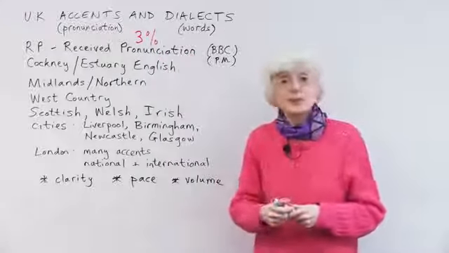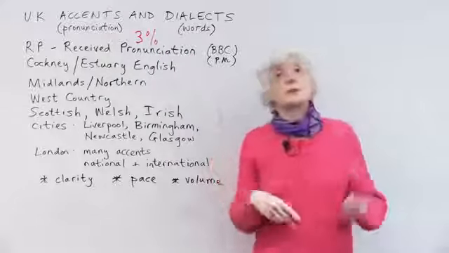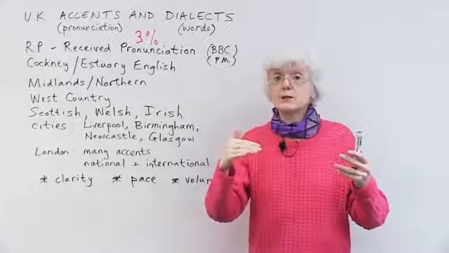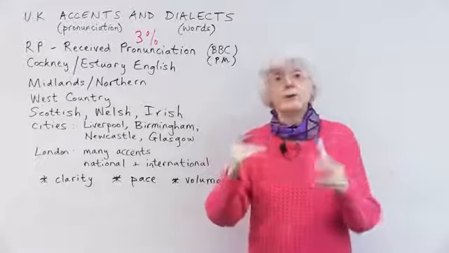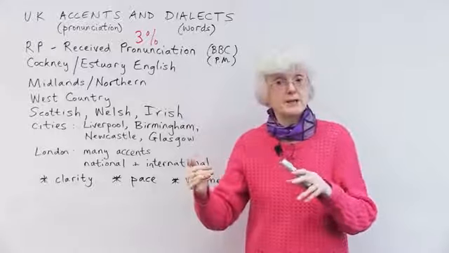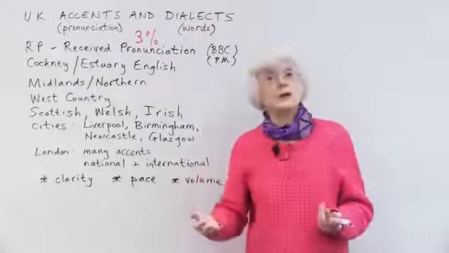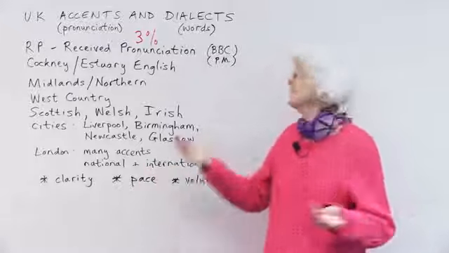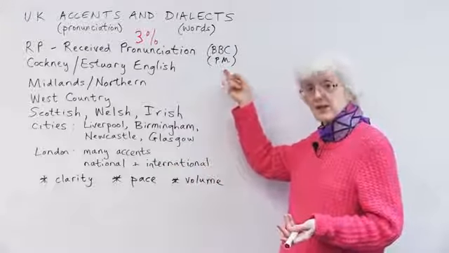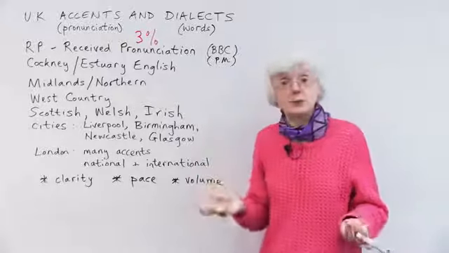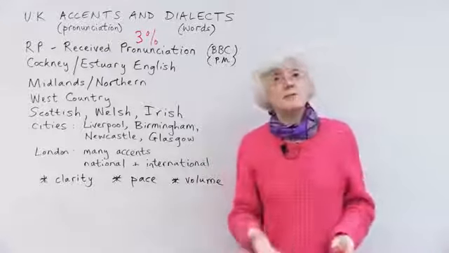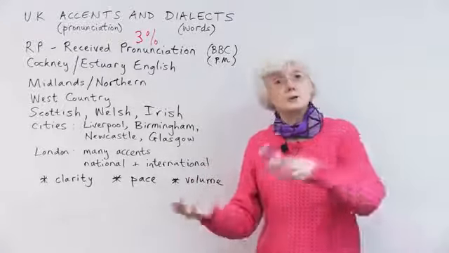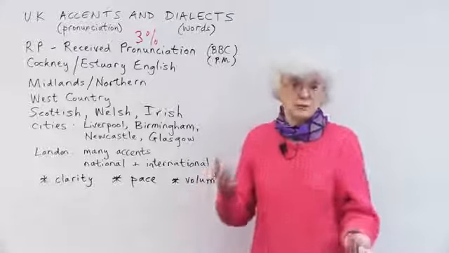Apparently just 3%, but they tend to be people in positions of power, authority, responsibility. They probably earn a lot of money. They live in big houses. You know the idea. So people like the Prime Minister at the moment, David Cameron, he went to a private school. He went to university, Oxford.